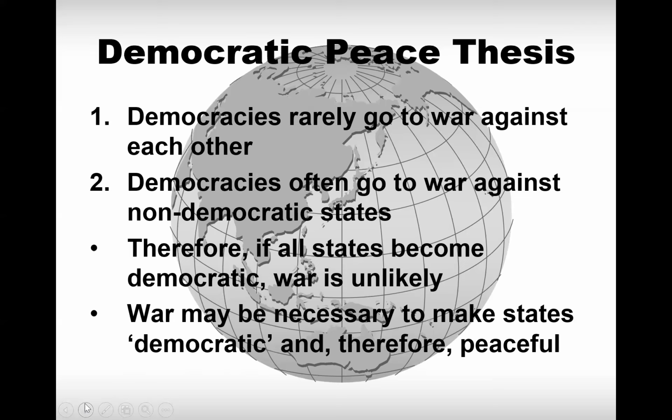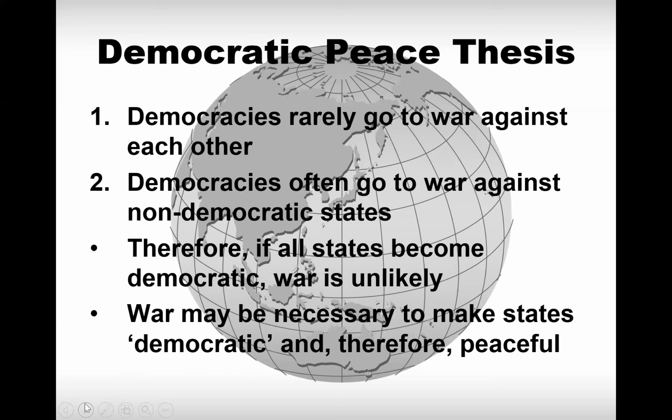So if we look at the Republic of Korea and Japan, meaning South Korea and Japan, South Korea and Japan have many differences, particularly over the role of Japan in the Second World War. However, relations between the Republic of Korea and Japan have improved during the post-war period.